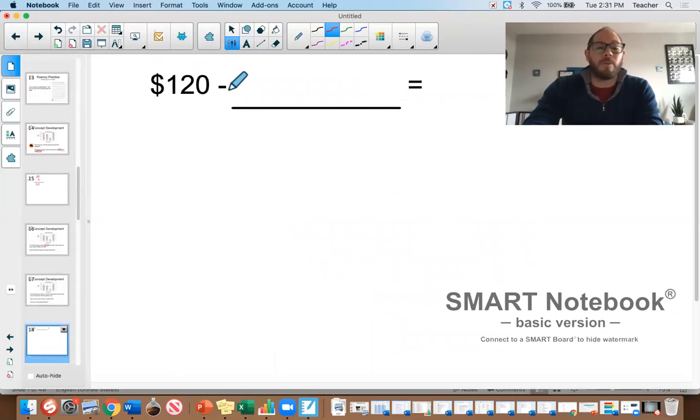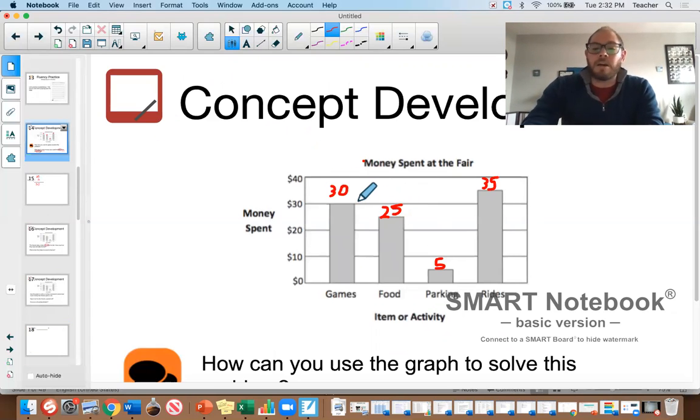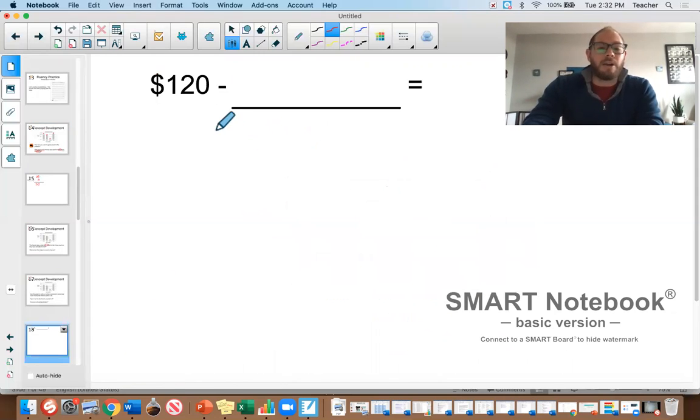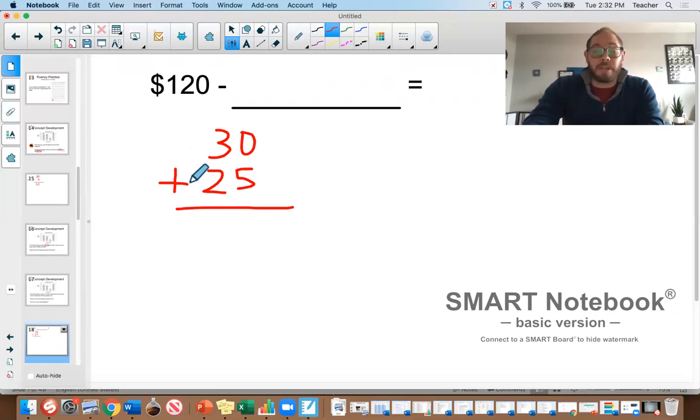I said 120 minus, and now I'm going to come up with a total. I need to find out how much money they spent altogether. To do that, I'm going to look back. 30, 25, 5, and 35. I'm going to add these numbers up to find out how much they spent at the fair altogether and then take that away from my $120 total.